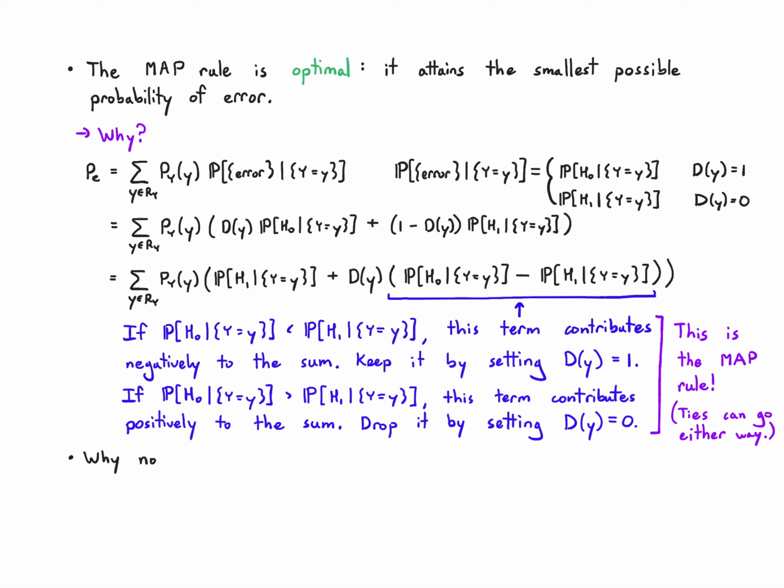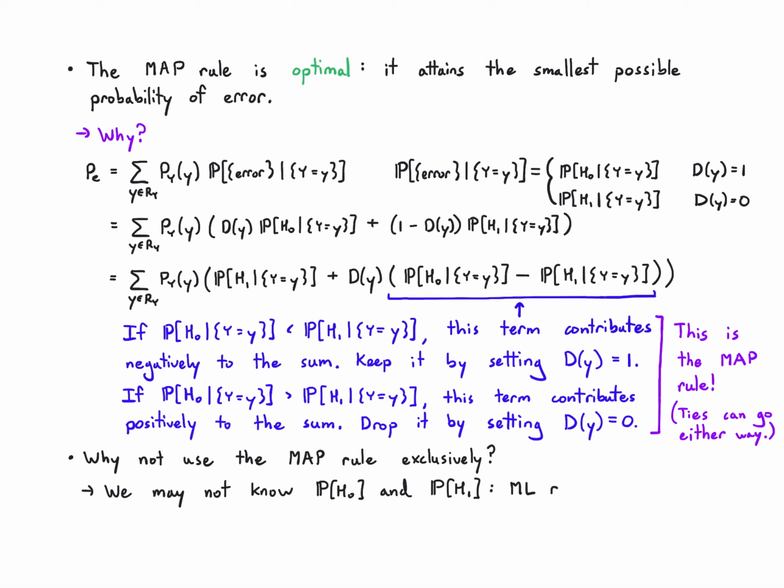Okay, so why not always use the MAP rule? It turns out in practice we don't always use the MAP rule. One very good reason is that we may not know the probabilities of the hypotheses. In those cases, we can still use the ML rule because there we only need to know the conditional probabilities. This makes a lot of intuitive sense because think about this aircraft example.